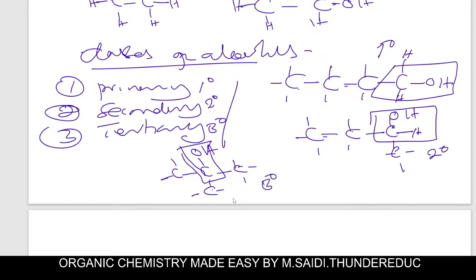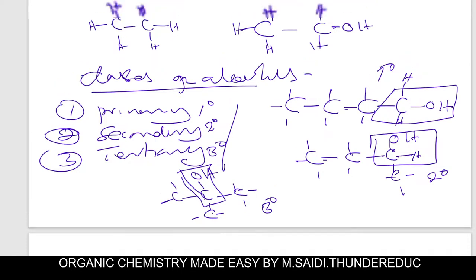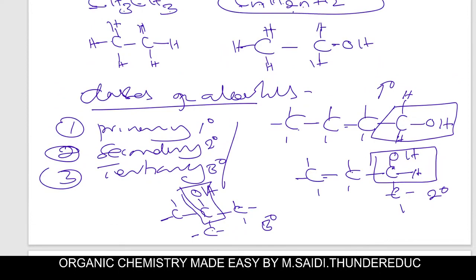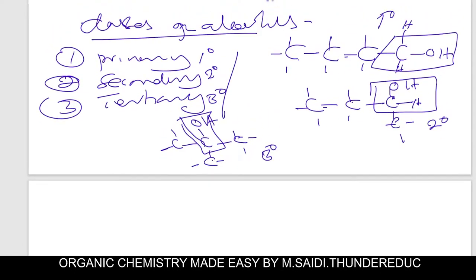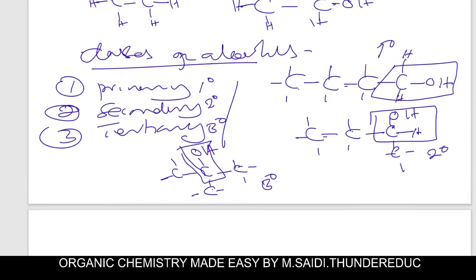That's how you can identify these alcohols without being disturbed: which one is a primary, which one is a secondary, and which one is a tertiary. I'm going to have these classes nicely as we go on, but we are just hitting on them.